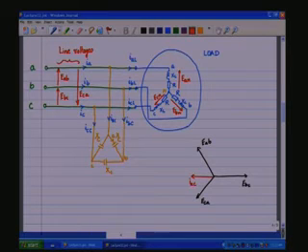Now, how are EAN, EBN, ECN related to EAB, EBC and ECA? Now, EAN is going to lag EAB by 30 degrees. Again, we saw this in the last class. So, we have EAN, EBN, ECN.